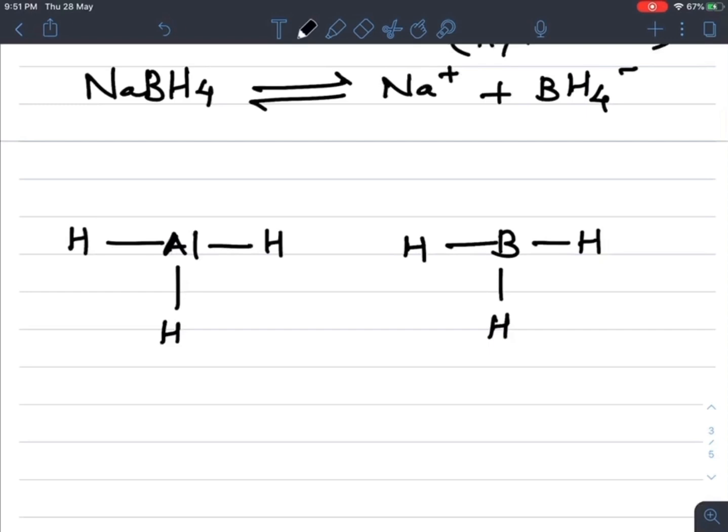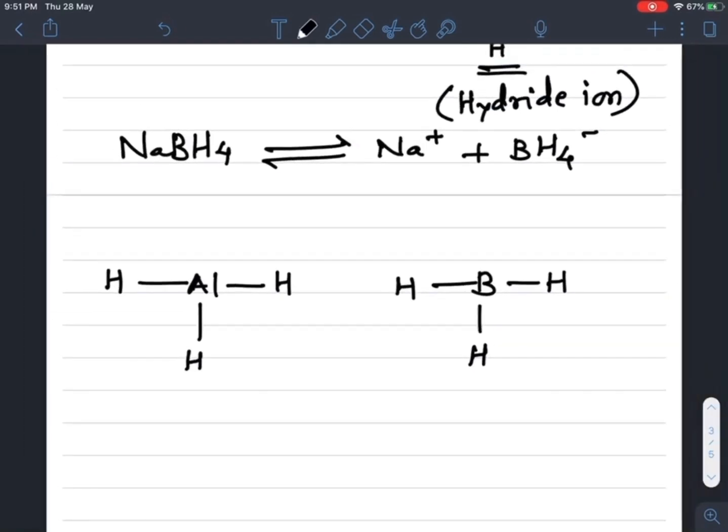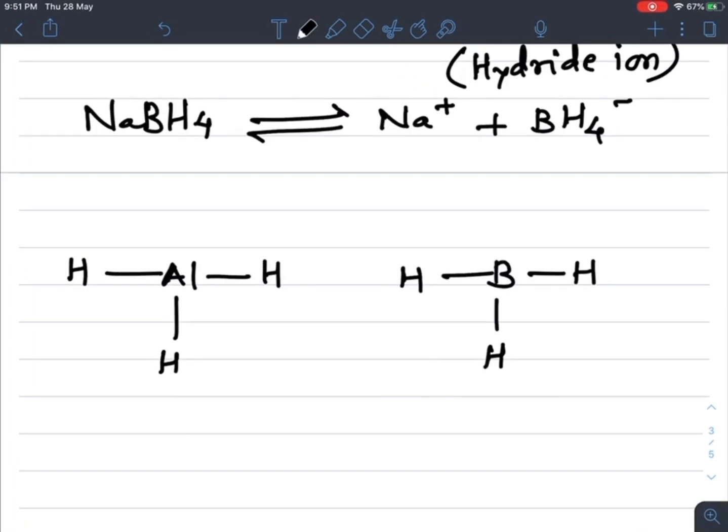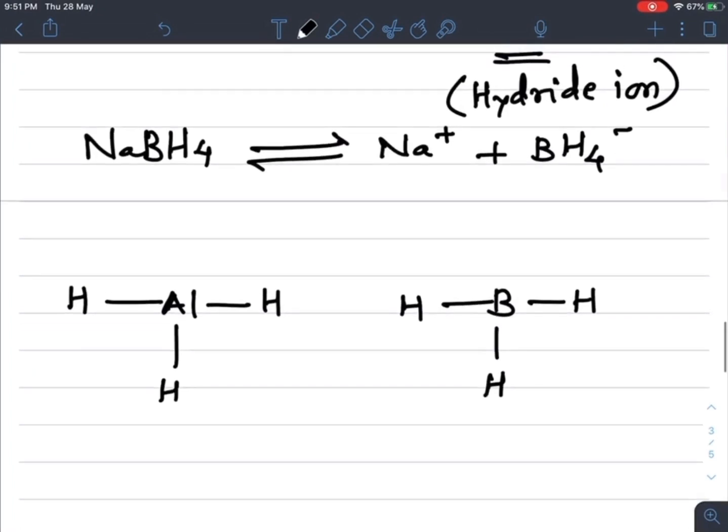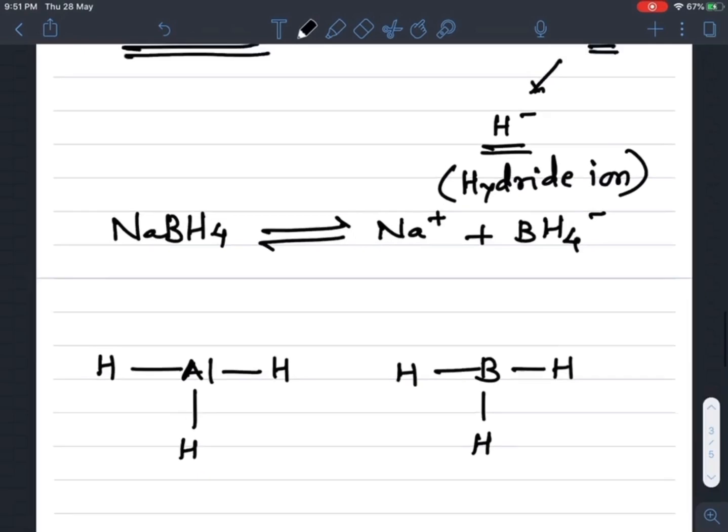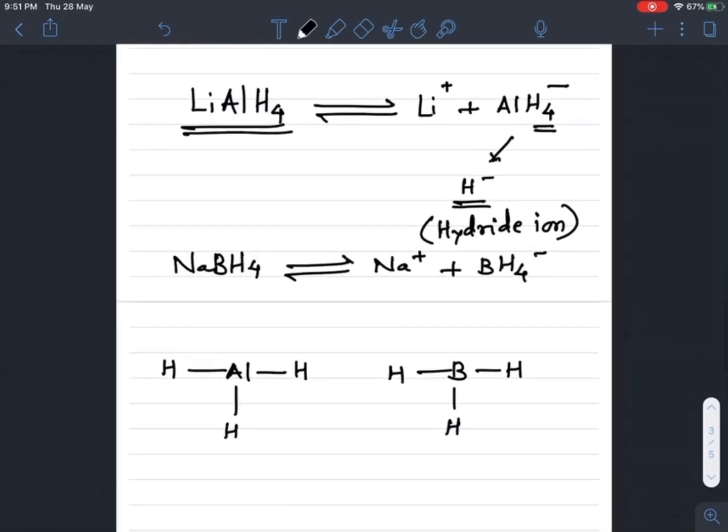So LiAlH4, lithium aluminum hydride, or NaBH4, how is the bond formed here? When LiAlH4 breaks, it forms AlH4 minus, where this H takes its 2 electrons and forms the bond with aluminum.